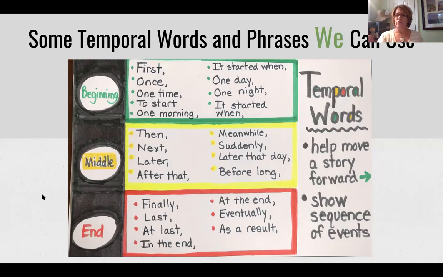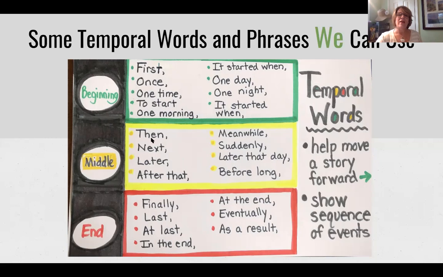If you use all of these, that would not make a very good writing piece. But some words to signal the beginning of a story are first, once, one time, to start, one morning, it started when, one day. I know a lot of you start stories like that with me all the time. One day I went to Dairy Queen, that type of thing.